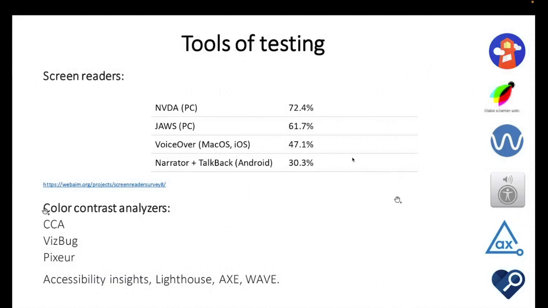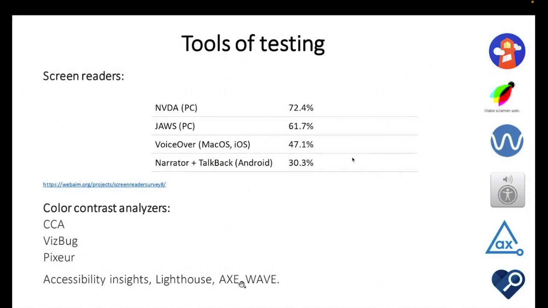This group is for people who are able to see, probably able to hear, but not so well. Like we have loss of vision or color blindness. These tools like CCA, which is Color Contrast Analyzer, help to make your product better.